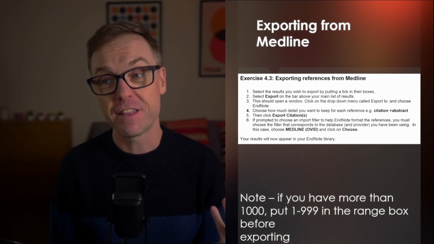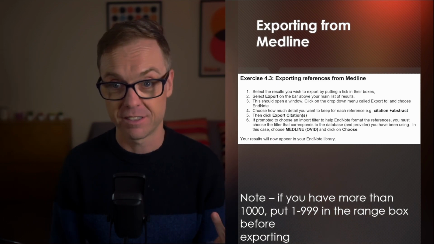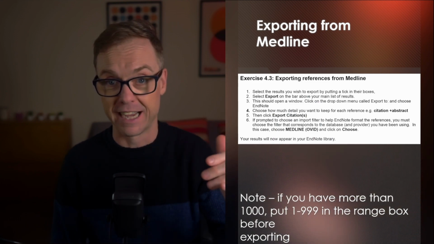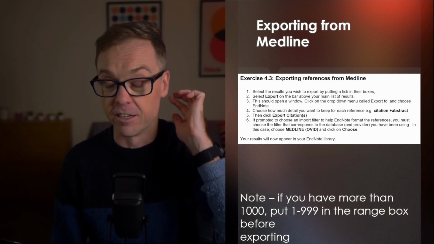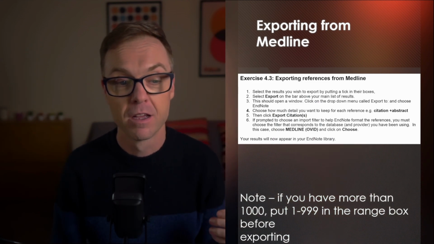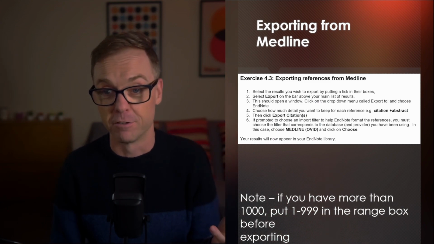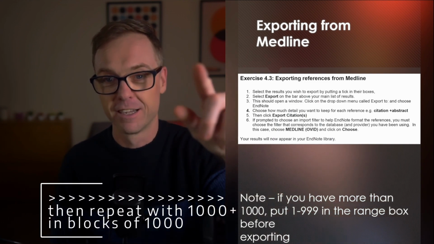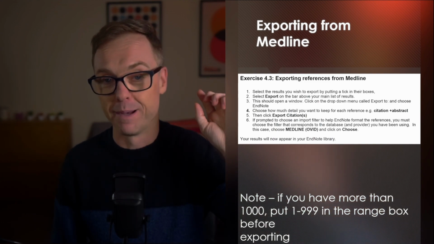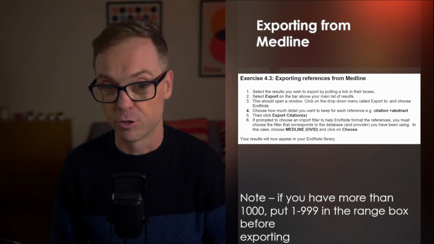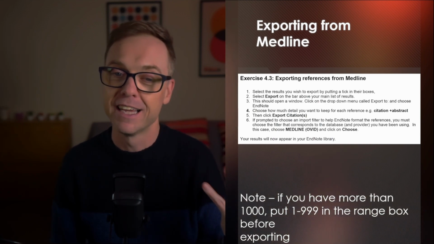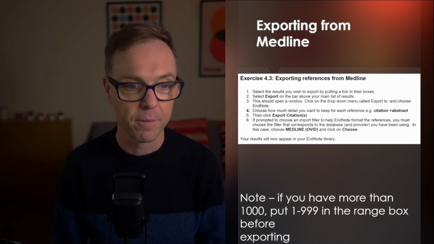If there's fewer than 1,000, you can select by range, and you can just go 1 to 999, or however many there are. In my case, often there's very few. In the example I'm going to give, I think there's 21 or 23. So I just change the amount I can see on one page and check select all. But select all doesn't seem to work if it goes beyond one page, in which case you're going to have to select a range.